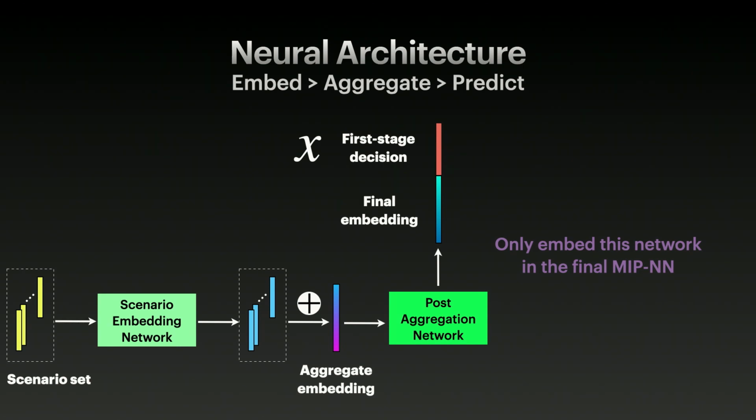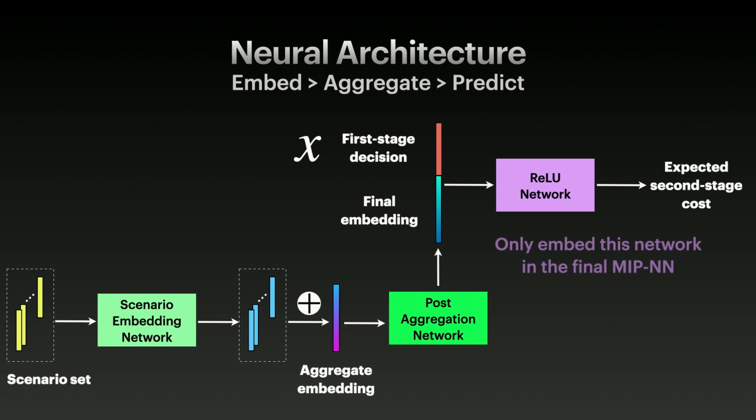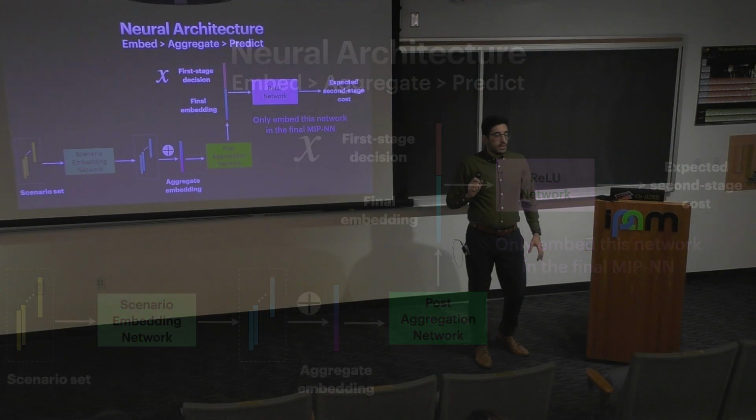Now, that thing goes into more nonlinear functions. Doesn't really matter in deep learning. We just like to do a lot of that. And as a result, you have some final embedding, which represents all K scenarios. Now, you put that with the first stage decision, exact same way as before, and you run it into your final ReLU network, which produces the expected second stage cost for the set of scenarios, okay?